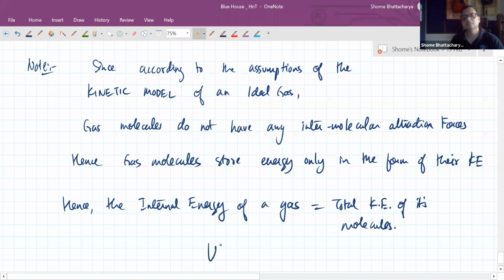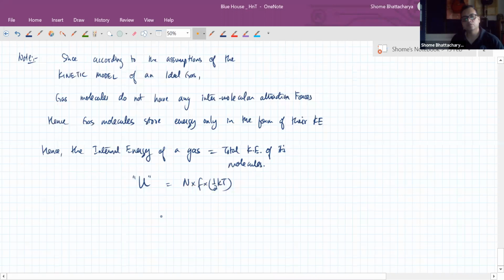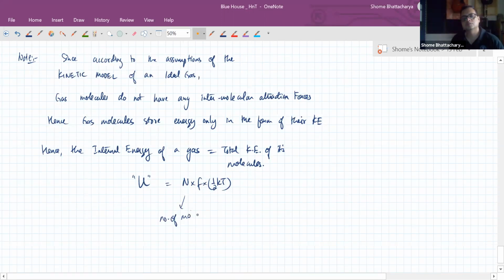Okay. So internal energy is given by the formula U, and this becomes number of molecules into degrees of freedom into 1 by 2 kT. It becomes the product of number of molecules into the degrees of freedom into average kinetic energy per molecule per degree of freedom.